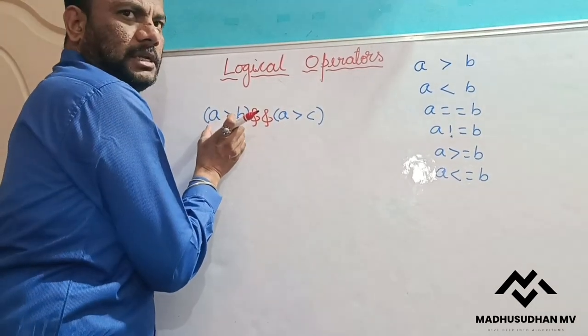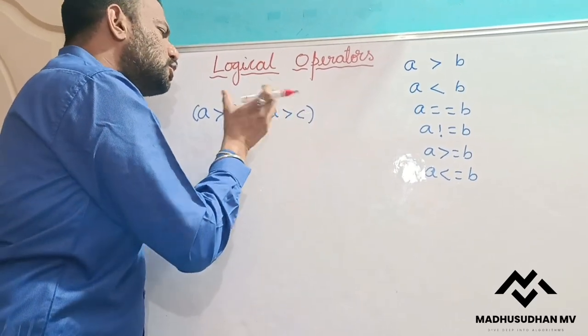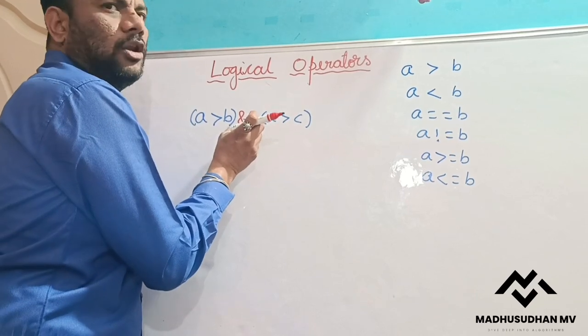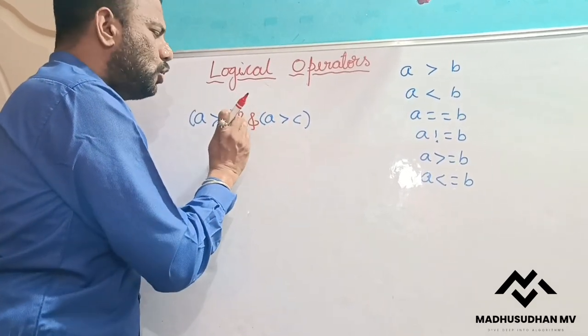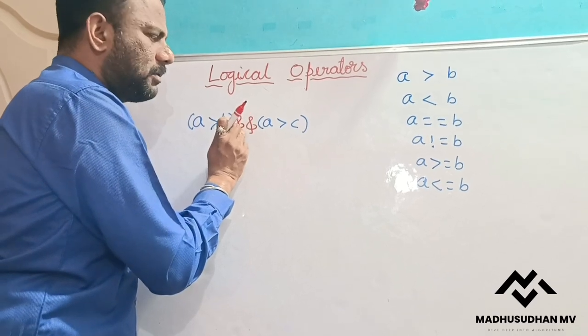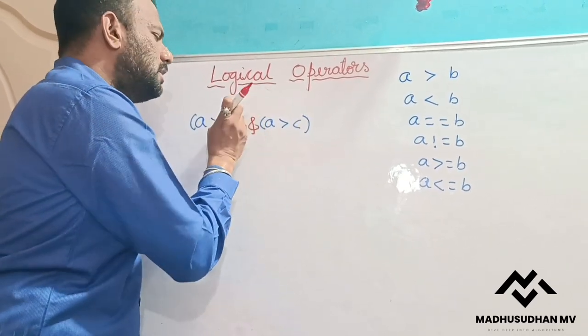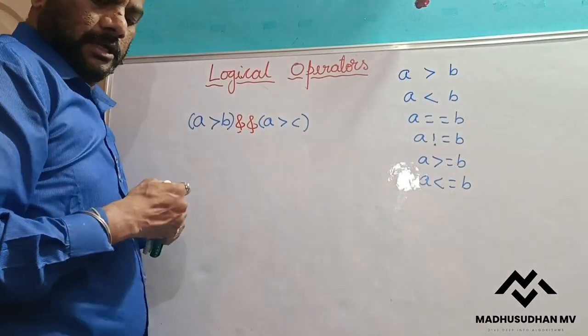Here this is one condition, A is greater than B, and this is another condition, A is greater than C. I am combining these two and checking both using the logical AND operator. We have to use two ampersands. Don't use a space or comma in between the two ampersands. Just one ampersand, immediately one more ampersand. This operator we call the logical AND operator.